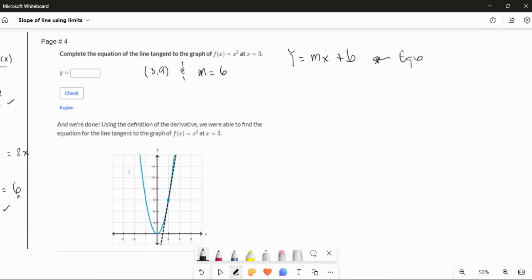This is the equation of the tangent line. Then 9 must be equal to 6 times 3 plus b. So 9 will be equal to 18 plus b. Let me subtract 18 on both sides.